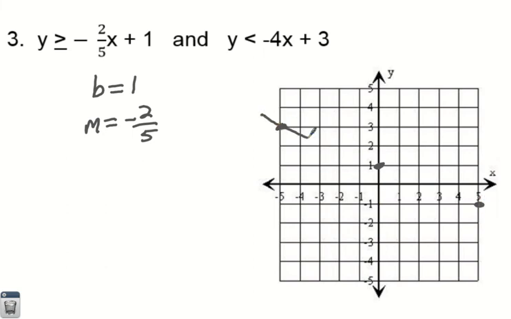That's going to be solid, because it's or equal to, and we're going to shade above, lightly.